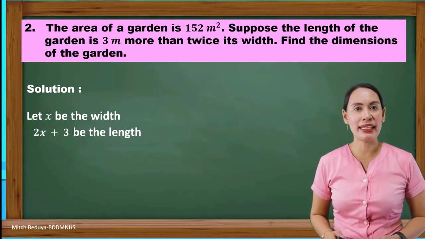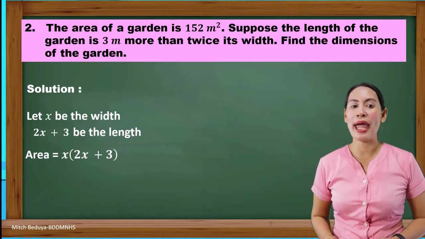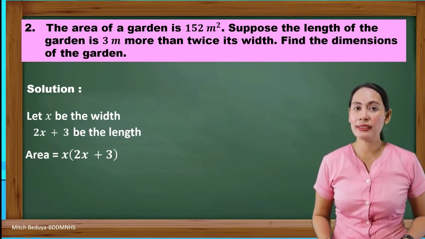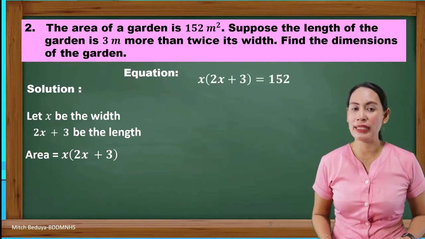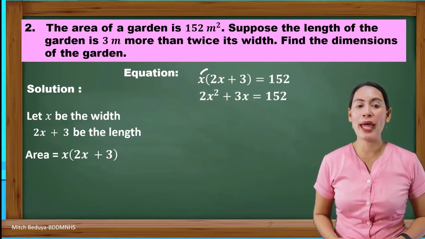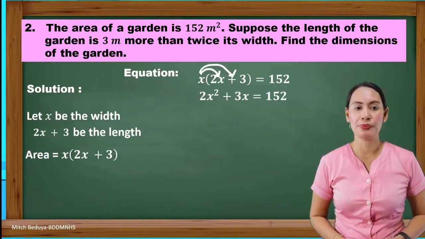So, area is equal to x times the quantity 2x plus 3. The equation is now x times the quantity 2x plus 3 equals 152. By distributive property, we have 2x squared plus 3x equals 152.